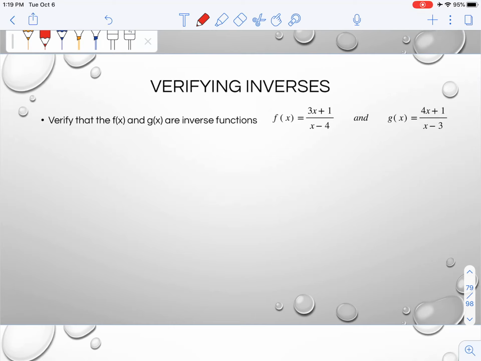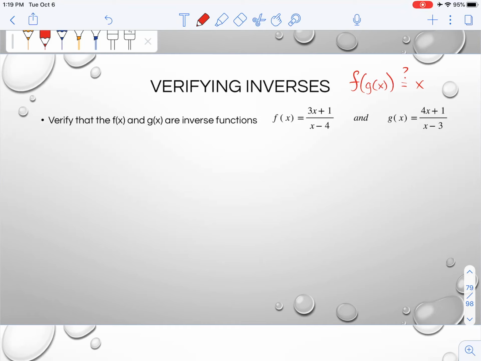Here I have rational functions, and I want to verify that f and g are or are not inverses. If I go through the simplification process and I get anything other than x, then we don't have inverses. So here, let's do f of g of x. And again, I'm verifying, so I want to find out, does this equal x?